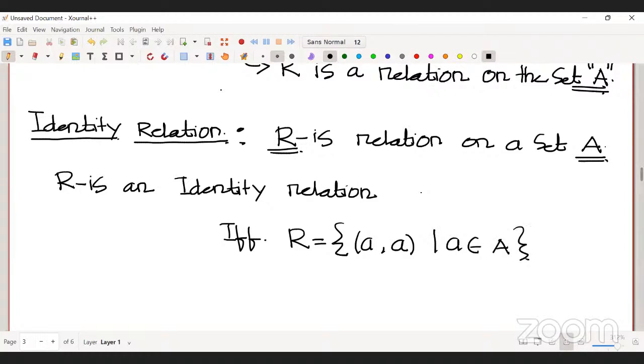If R is precisely this set, then I can say that R is an identity relation on A. Otherwise, R is not an identity relation. If R contains all the diagonal elements, precisely all of them and nothing else apart from the diagonal elements, then you say that R is an identity relation on the set A.